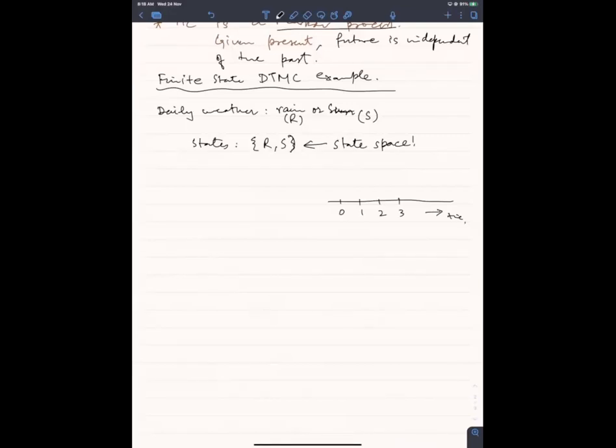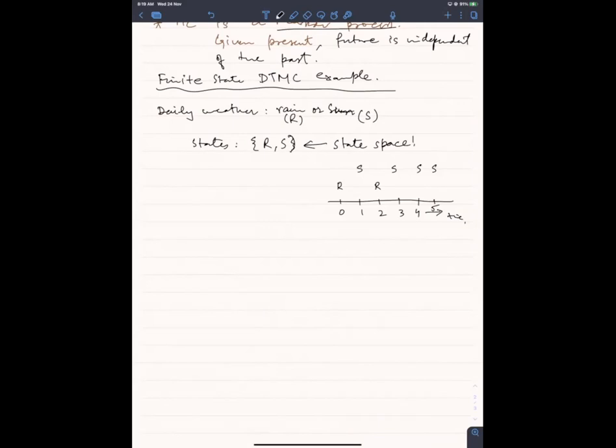So maybe you have R on this day and then sun on this day, and then R on this day and sun on this day, and then sun on day 4, and maybe another sun on day 5, and so on and so forth. This is one sample function. We, instead of calling it a sample function, चूंकि ये मार्कov चेन है जिसमें हमने इनको स्टेट बना दिया है, तो हम इनको कह देते हैं कि this is a state transition function.